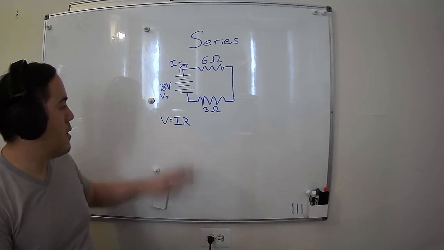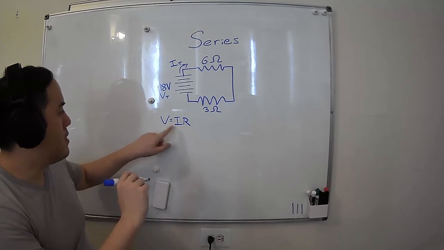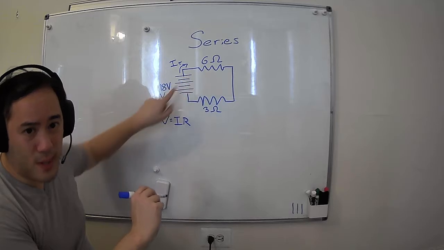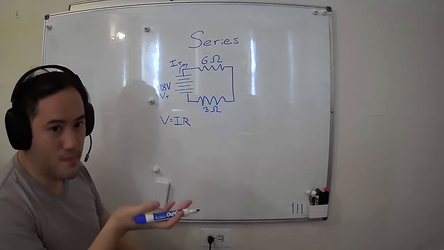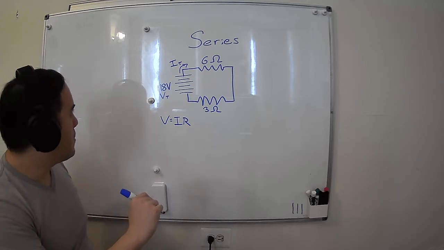We know V equals IR, so if you want to find I total, it's V over R. But is it 18 volts over 6 ohms or 18 volts over 3 ohms? It's neither.